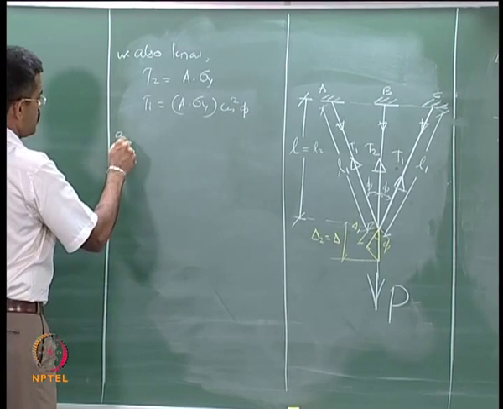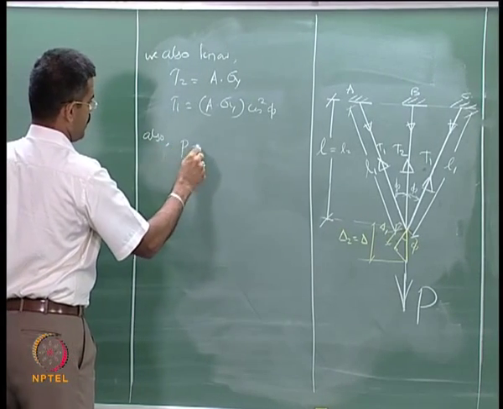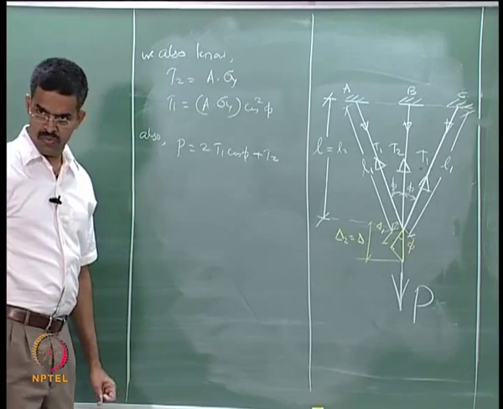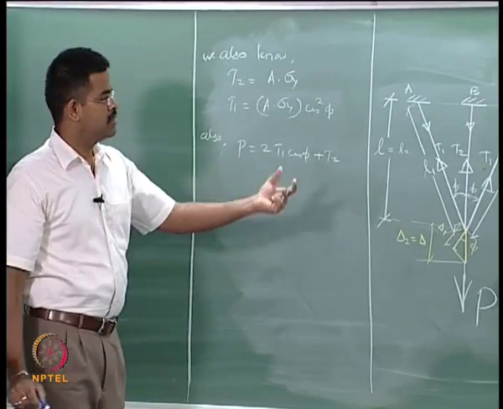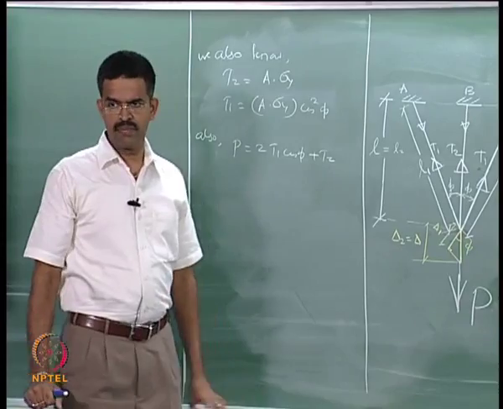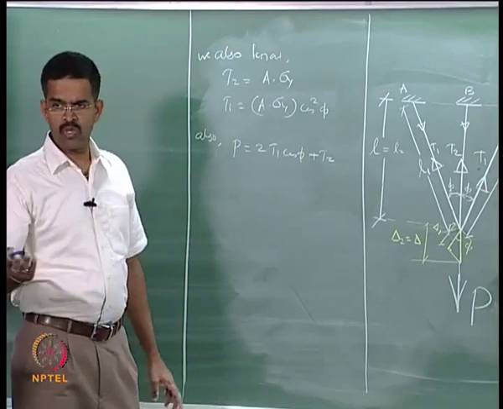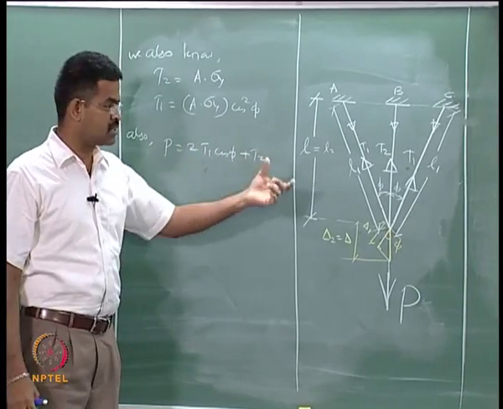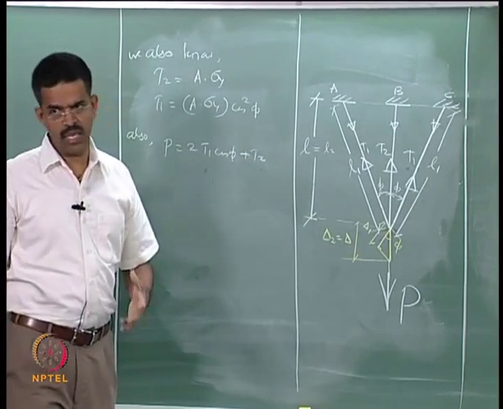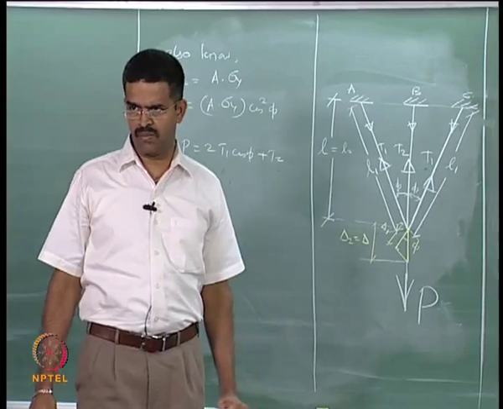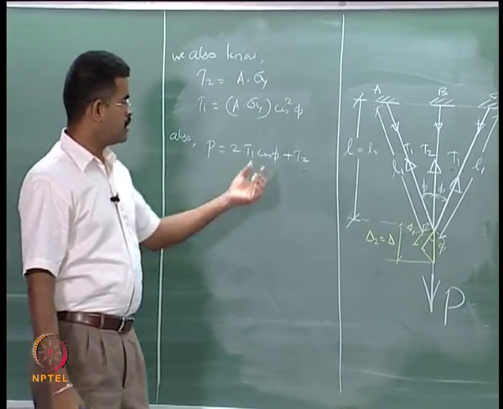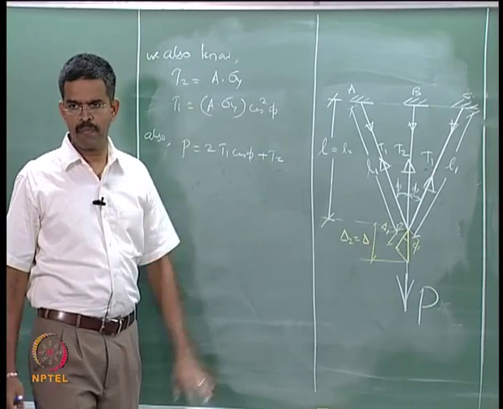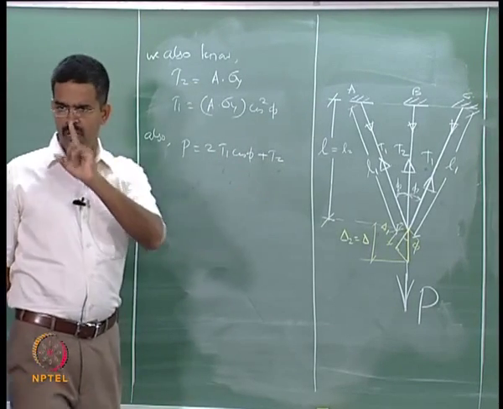And we also know P is 2 T1 cos phi plus T2, as we already said from the static equation of equilibrium. You can also appreciate that there are two unknowns here, T1 and T2, and there is only one equation. So, this structure is statically indeterminate. So, I can apply a plastic analysis concept to this system, is that clear? Indeterminate by 1 degree, because there is only one equation, but I have got two unknowns, is it not? So, it is indeterminate by 1 order or 1 degree.